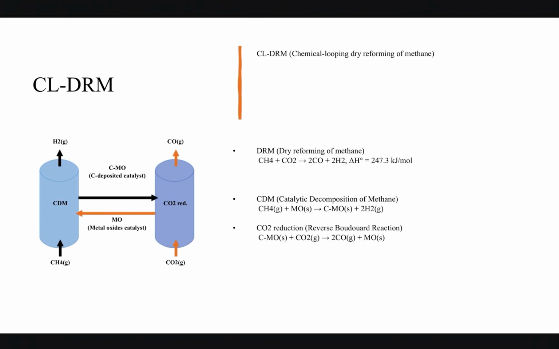First is the catalytic decomposition of methane. The methane is decomposed at a very high temperature, and hydrogen is produced, and the remaining carbon is attached to the catalyst surface. Next, in the CO2 reduction process, the carbon on the catalyst surface reacts with carbon dioxide to produce carbon monoxide and regenerated catalyst.